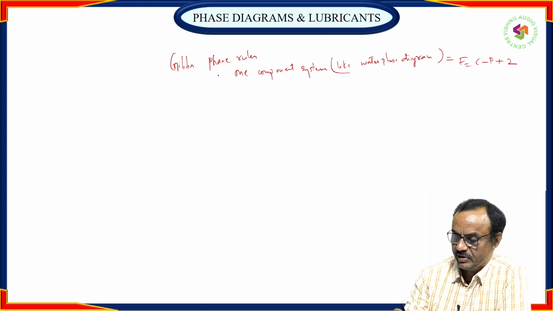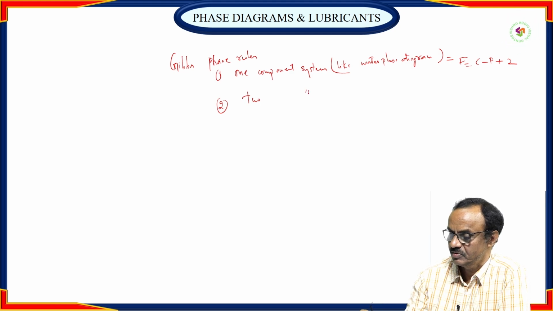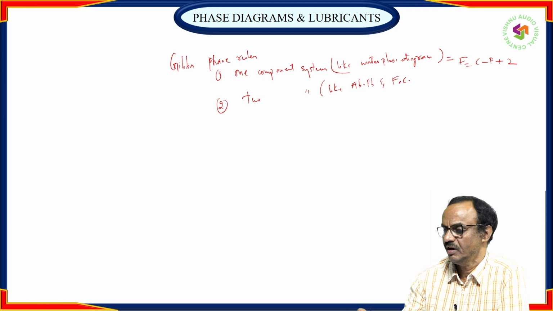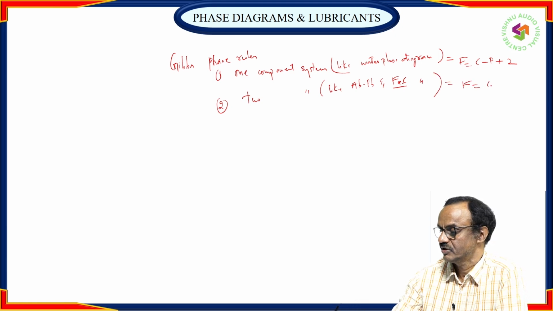For 2 component systems like silver, lead and iron, carbon, steel, for making steel, iron, carbon phase diagrams, we use F = C - P + 1.